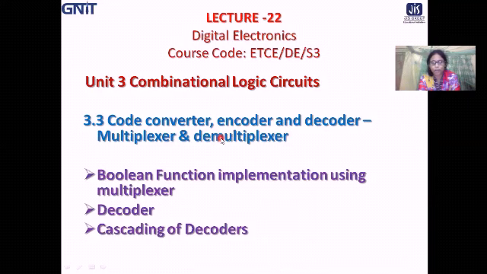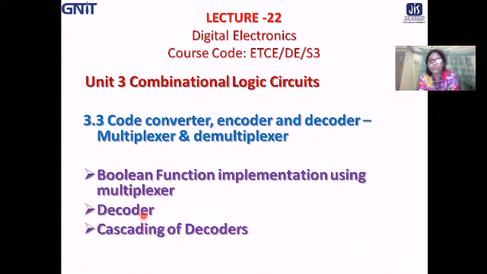Among them, we will be studying Boolean function implementation using multiplexer. This we have already started in the previous lecture. We will be continuing some of the problems that were left in the previous lecture. Next is decoders and also cascading of the decoders. Decoders and also the cascading of the decoders, all these are very important.